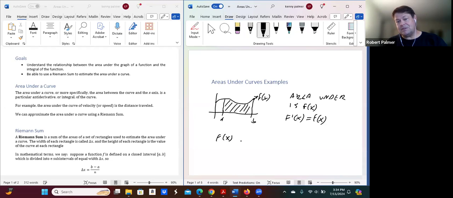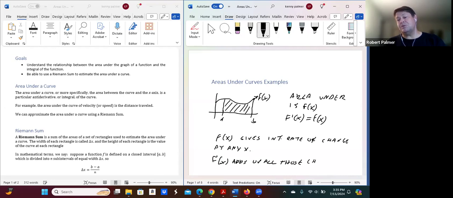So f of x gives the instantaneous rate of change at any x, and then the capital F of x, the antiderivative, adds up all those changes.